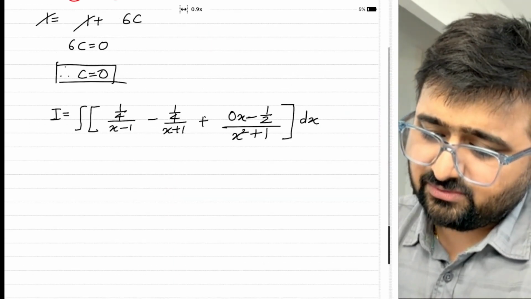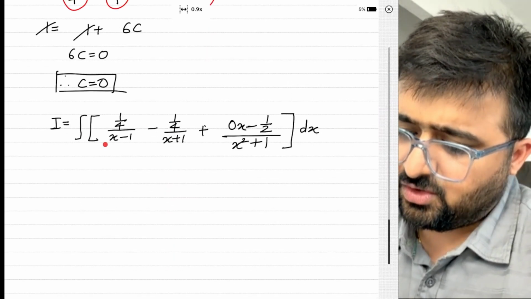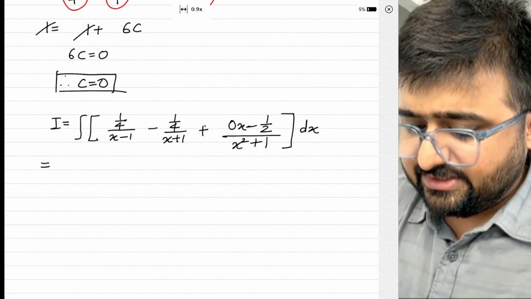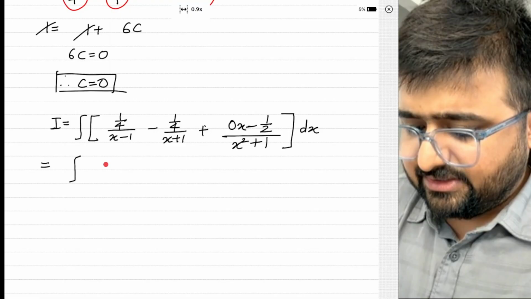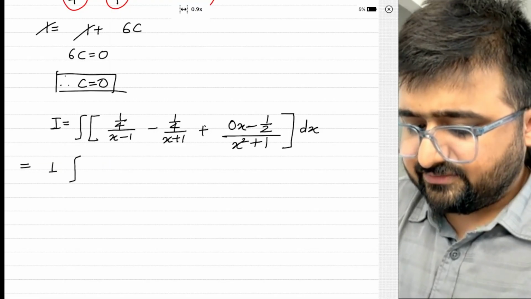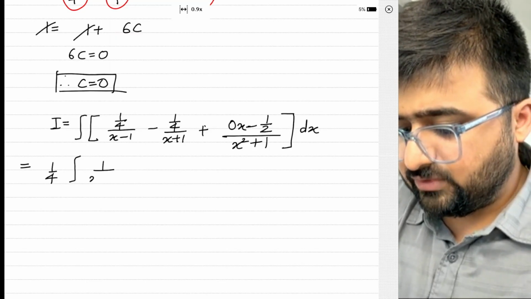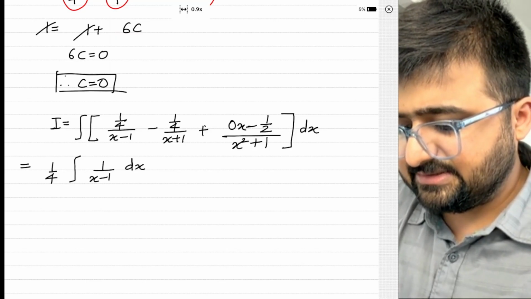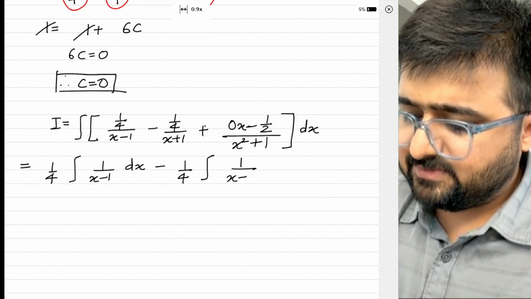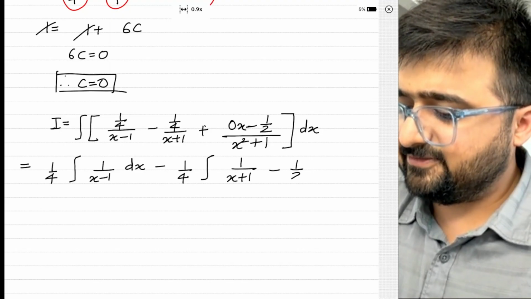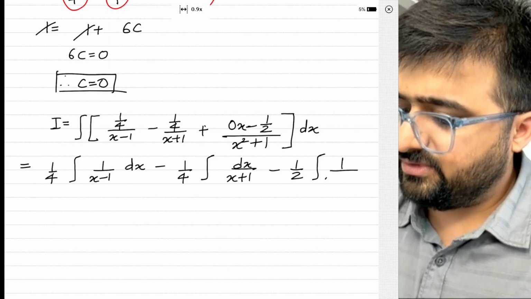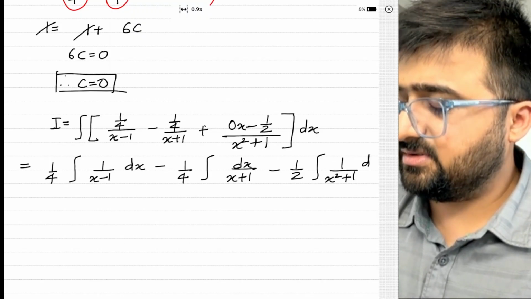Now what you can do is just split that integral into all of those terms. This 0x is nothing but 0. So just give that integral to everything, and take the constants out when you split the integral. So we have 1 by 4 integral of 1 over x minus 1 dx, minus 1 by 4 integral of 1 over x plus 1 dx, minus 1 by 2 integral of 1 over x square plus 1 dx.